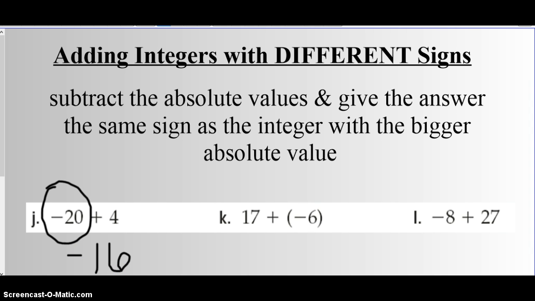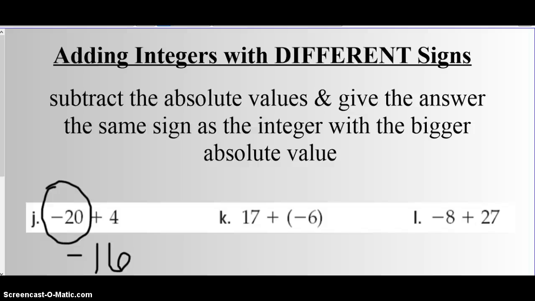If we were doing those with counters, if you visualize having 20 negative counters and 4 positive counters, and you match up the positives and the negatives, you would have 16 negatives left over. Looking at letter K example here, we've got 17 plus a -6. That is a subtraction problem if you think of it in absolute value terms.